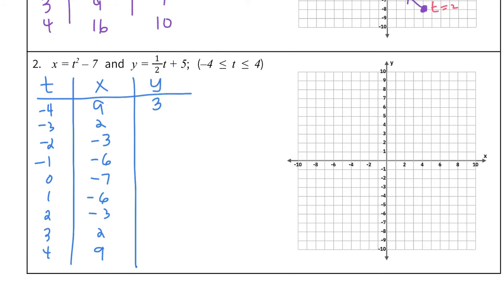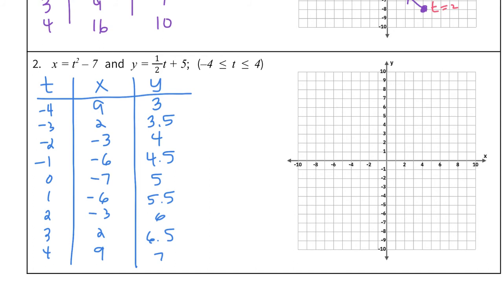So instead of writing it as a fraction, I'm going to do decimals just because I know we're going to have to graph these. So 3.5. Okay, if I plug in the next one, half of negative 2 is negative 1, plus 5 is positive 4. And then if I keep going down the list, it's basically going up by half every single time. Okay, so now we have some points to graph.